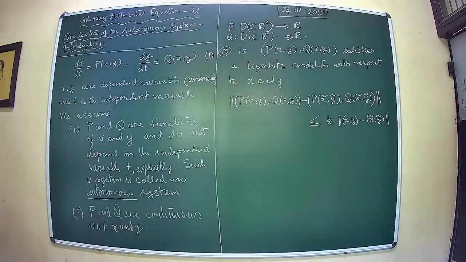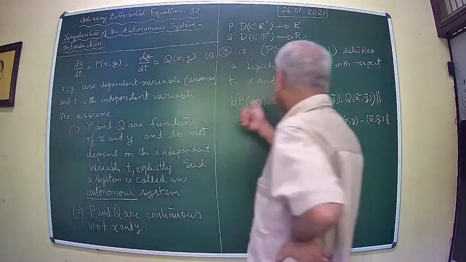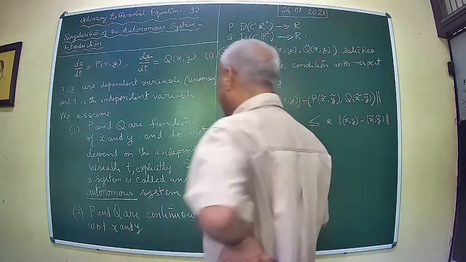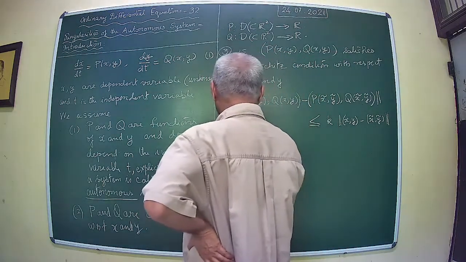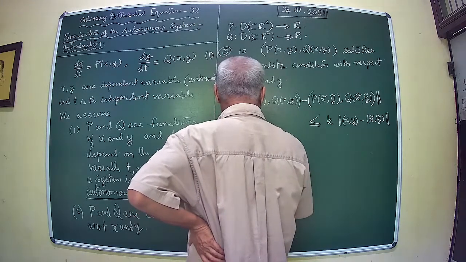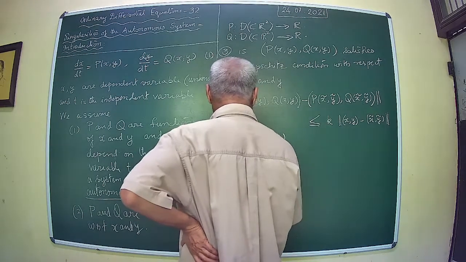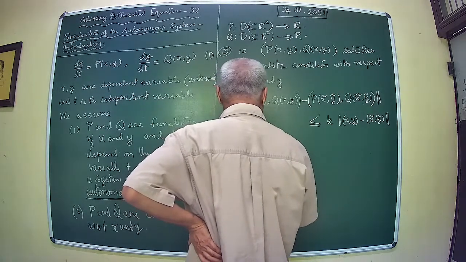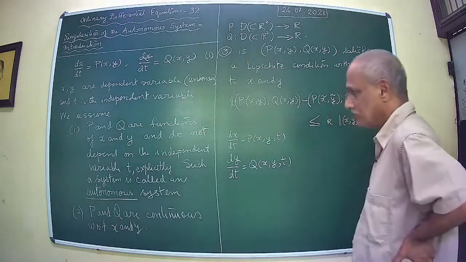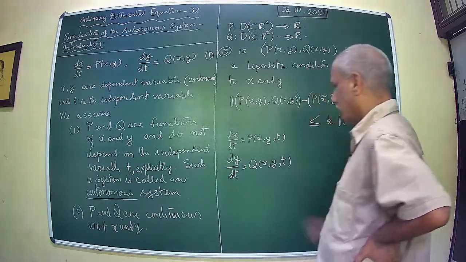Now you refer back to what is the Lipschitz constant. Here you see that t is not coming into the picture. Otherwise, generally, the independent variable t is involved. This is a more general scenario. This system is not an autonomous system.